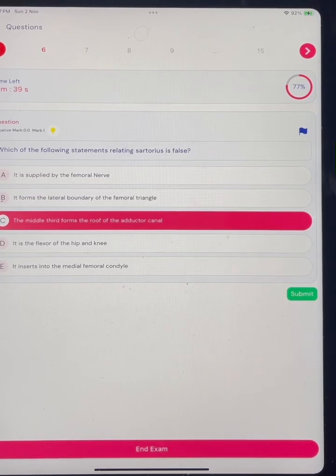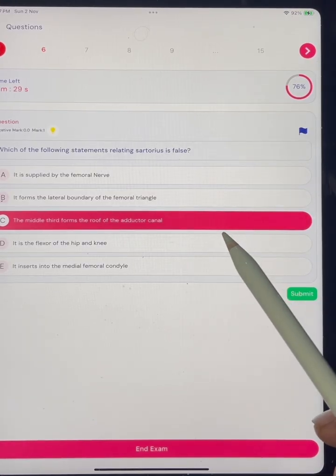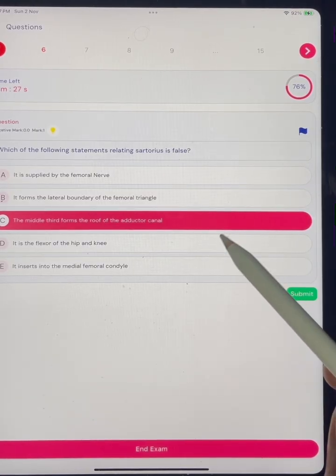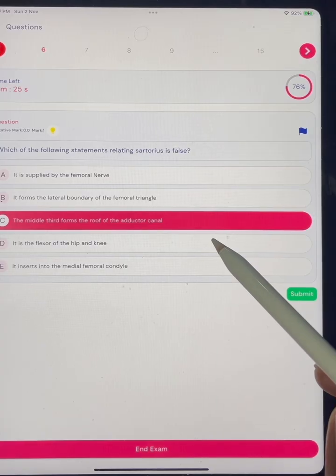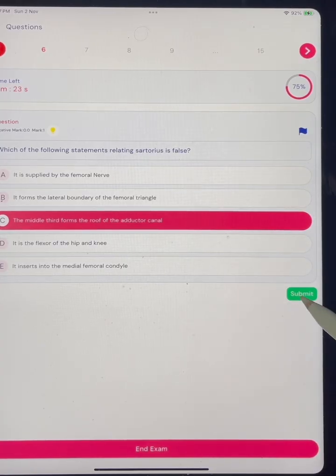It forms the lateral boundary of the femoral triangle. Yes. It forms the roof of the middle third of the adductor canal. So it is not the lower third.